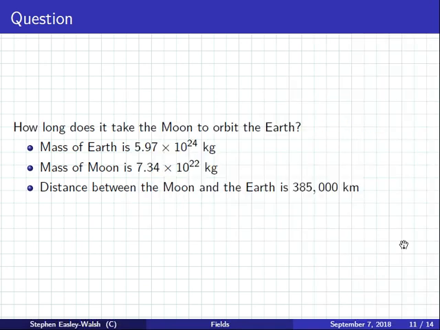Next one. I think you can do this. In fact, I really hope you can do this because it's very similar to the question. Before you try it, I'll give you a hint. Do you remember that question we did with Coulomb where we calculated the time it takes for the electron to travel around the proton?